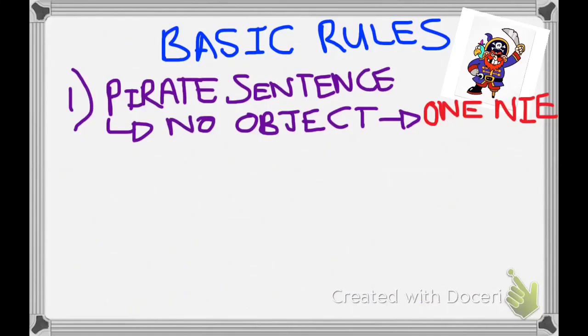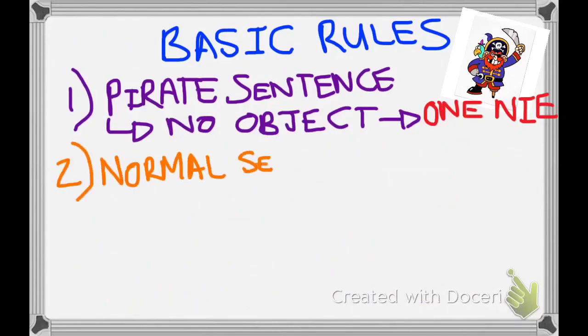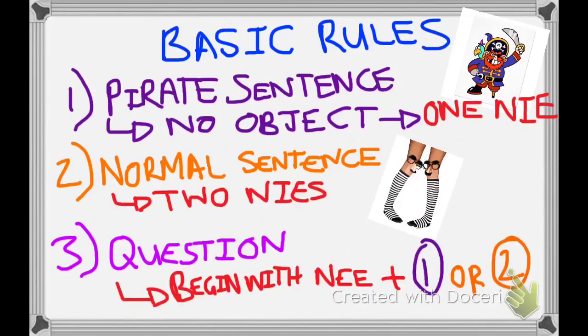Then the next one is a normal sentence, which does have an object, so it gets two knees, like a normal person has two knees. And then the third rule is a question, which begins with nee, and then it either follows rule 1 and is a pirate sentence, or it follows rule 2 and is a normal sentence.